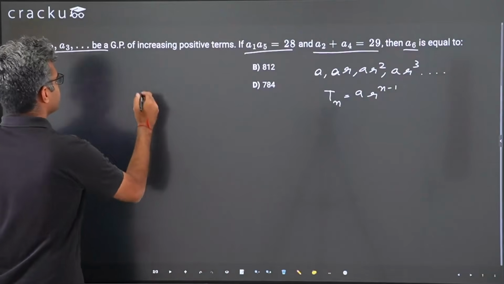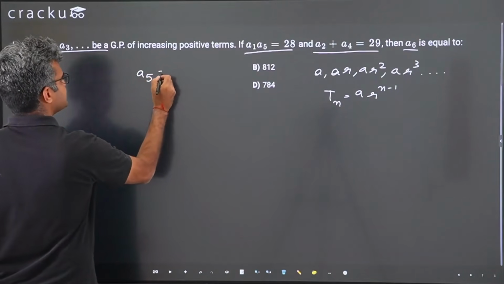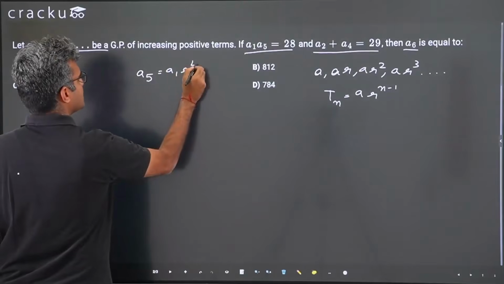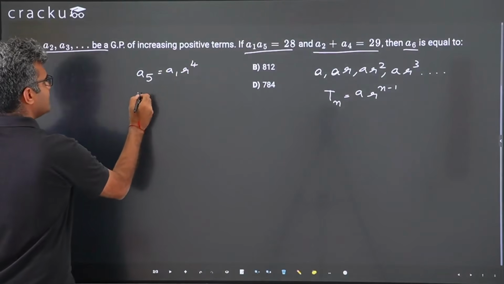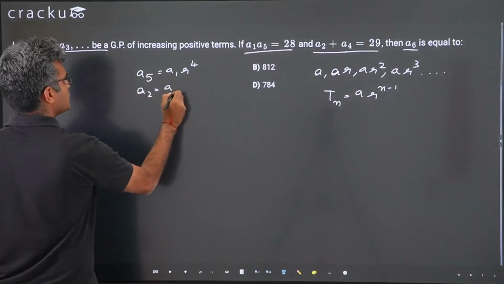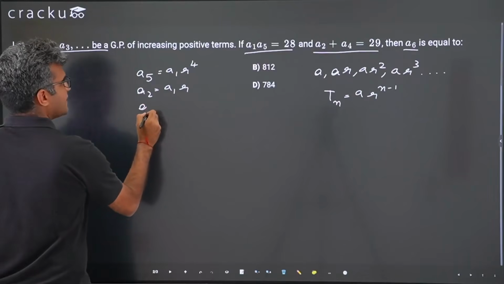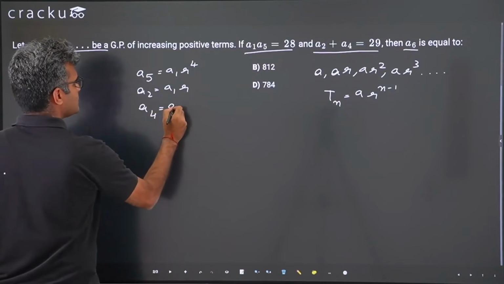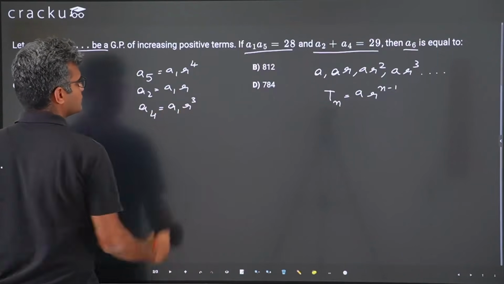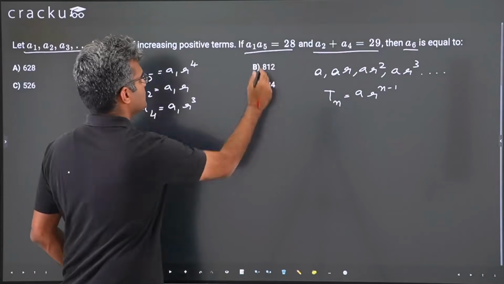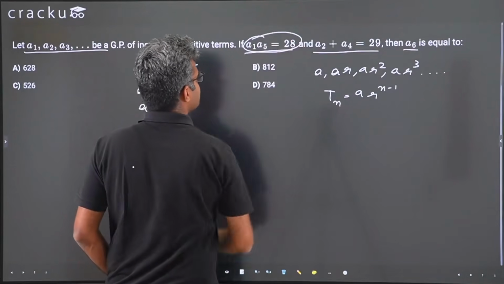So the value of a5 is equal to a1 into r to the power 4. The value of a2 is equal to a1r. The value of a4 is equal to a1 into r cube. Now the product of the first term and the fifth term is 28.